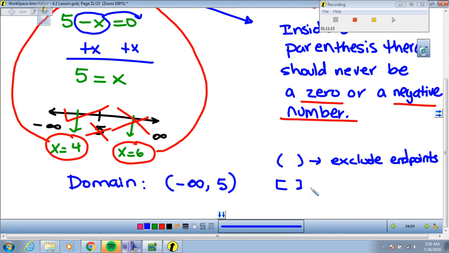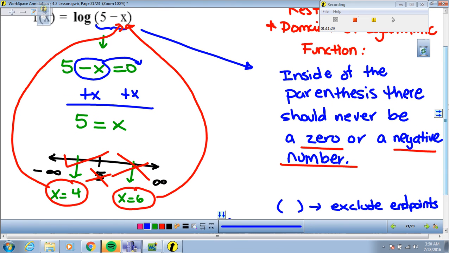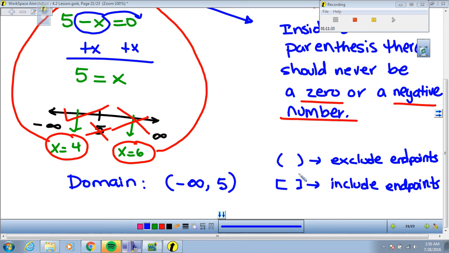This kind of square bracket includes the endpoints. So in this case, we want to exclude the 5, because when we plug it into the expression inside of the parenthesis, it gives us a 0, and we do not want that. Okay. So that's what the answer would be.